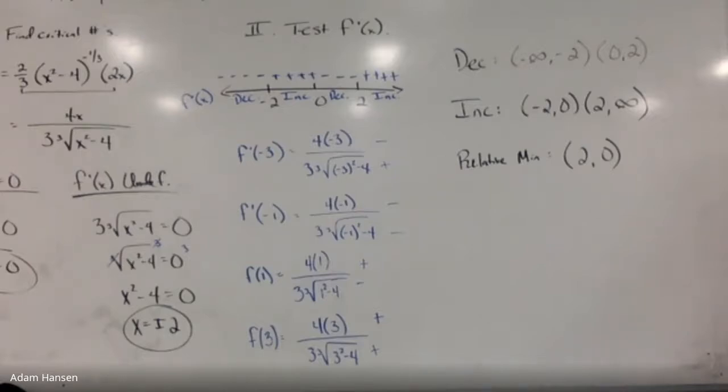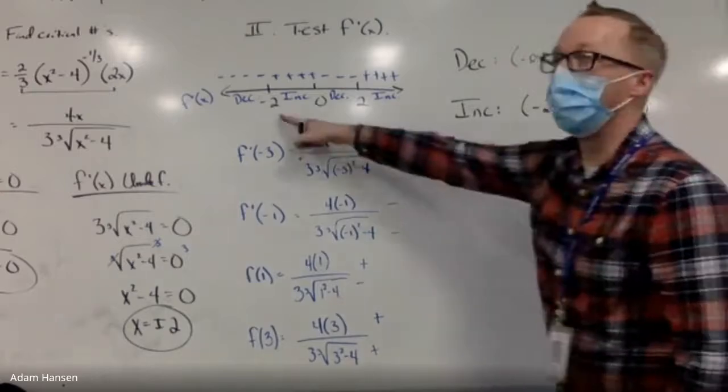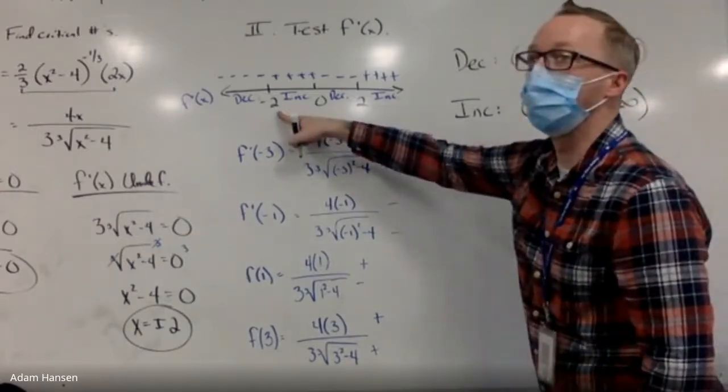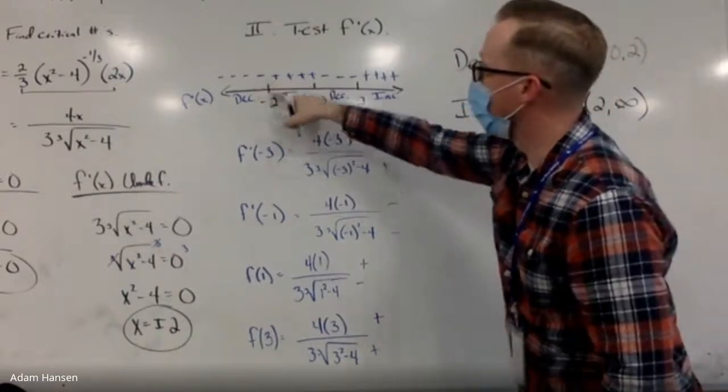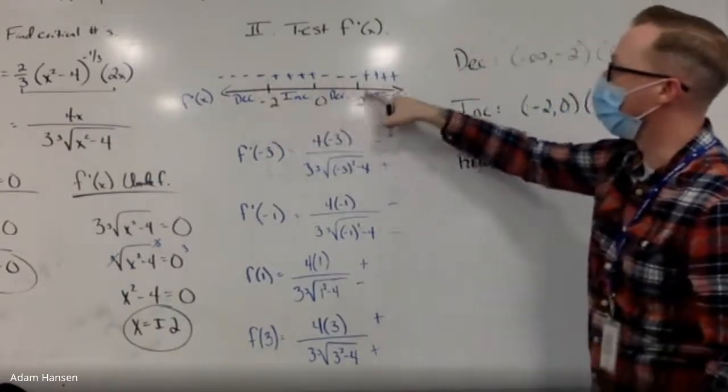Where else is there a minimum? At -2, right? Why -2 though? Right, it goes the same sign change. Negative to positive around -2, negative to positive around +2.